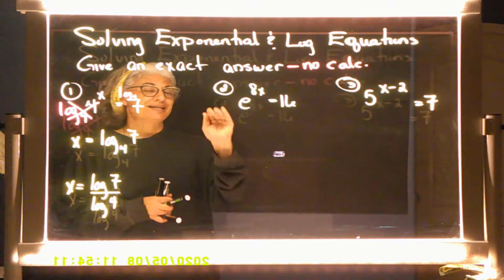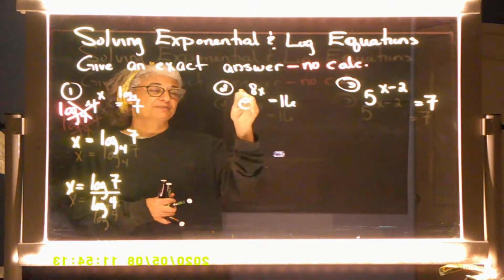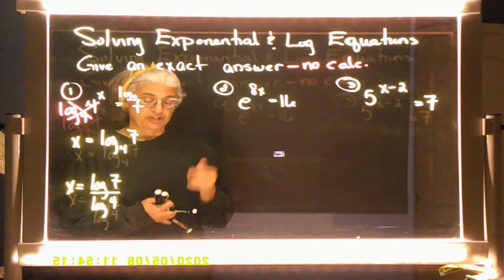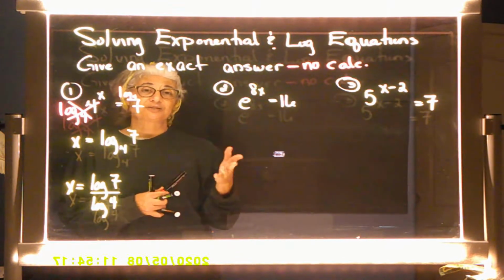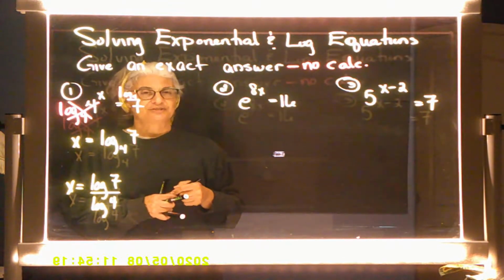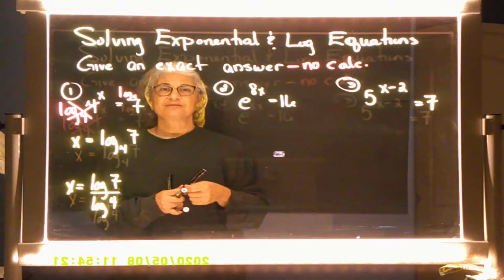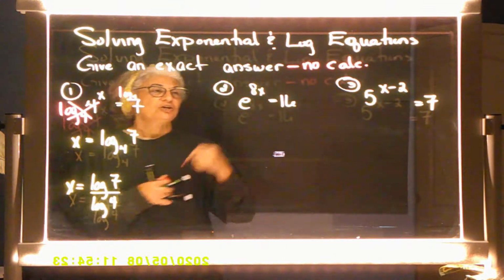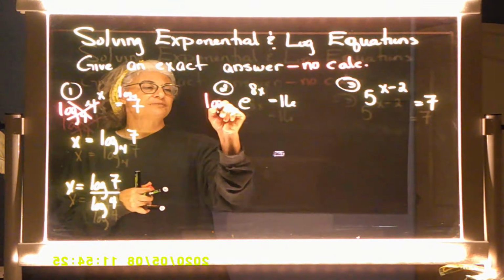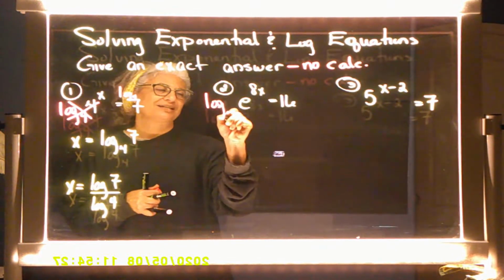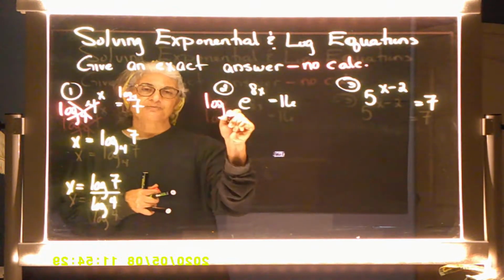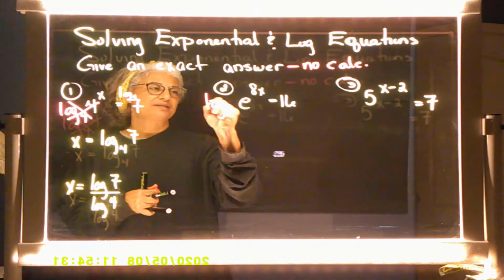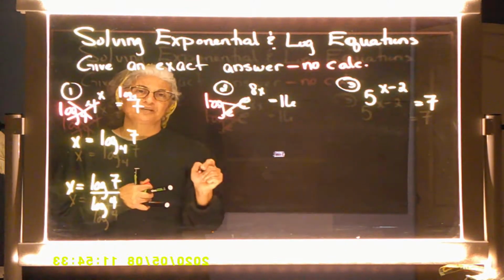Okay, let's look at number 2. So, again, it's an exponential function because my x is in the power position. So I need to cancel this exponential function. That's right. What cancels an exponential function? A log function, which means I have to take the log base, that's right, e, because log base e and exponential base e cancel each other out, don't they?